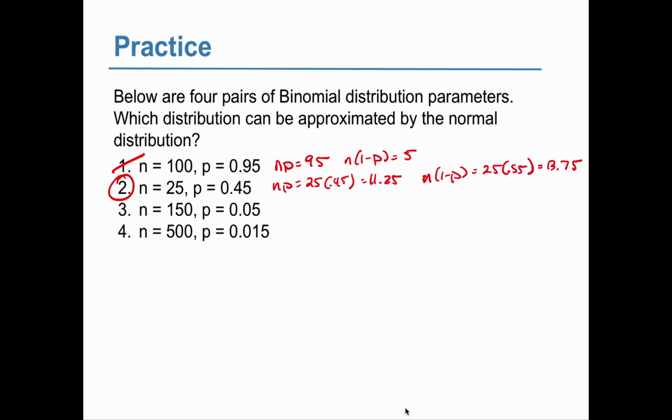That works. 150 times 0.05, which is our np, is only going to be 7.5. That doesn't work. And 500 times 0.015 is also going to be 7.5.